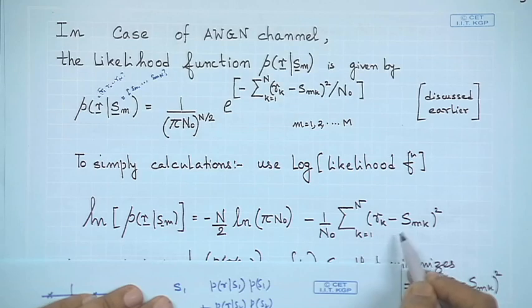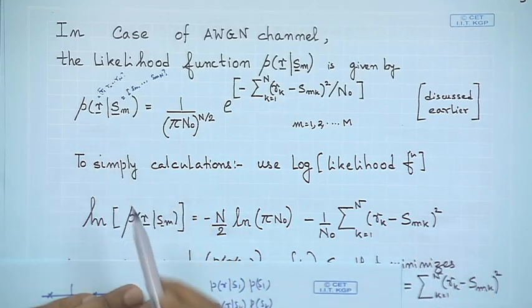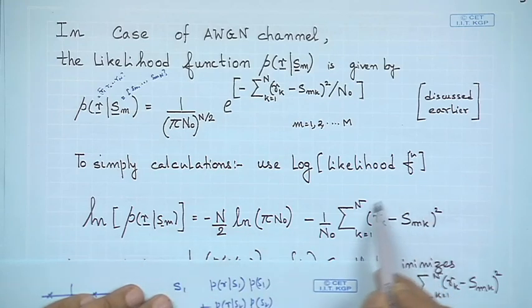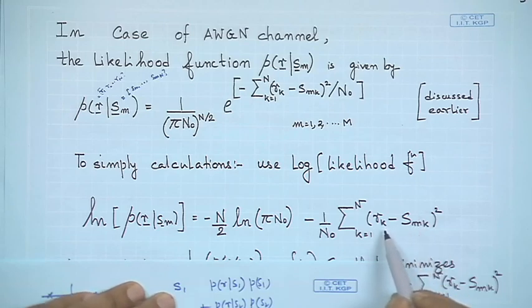If we say I want to maximize this, which is produced by minimization of this term, that means minimization of this term is minimization of the distance of the vector r from the vector Sm. So, what we are trying to say is that we want to find the vector Sm which is closest to the vector r.